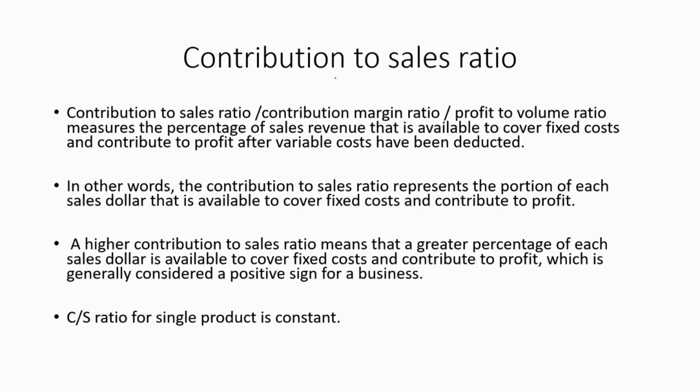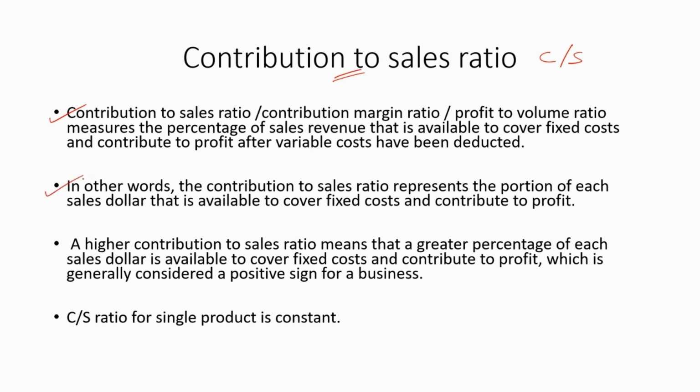Now let's discuss the contribution to sales ratio. This is also known as the CS ratio. Contribution to sales ratio, also known as contribution margin ratio or profit to volume ratio, measures the percentage of sales revenue that is available to cover fixed cost and contribute to profit after variable costs have been deducted.